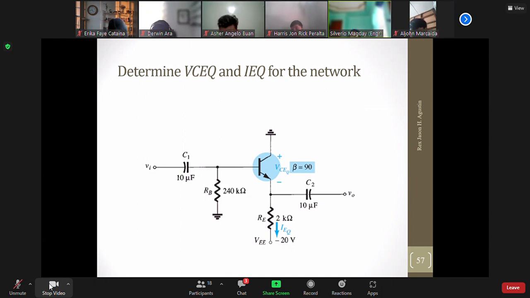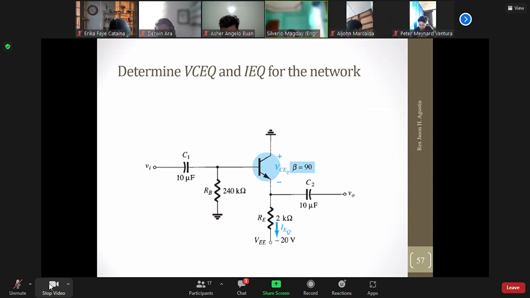Yun lang din yun. 4.162 milliamperes. Yes, sir. Tama. So, next, yung VCEQ na lang.